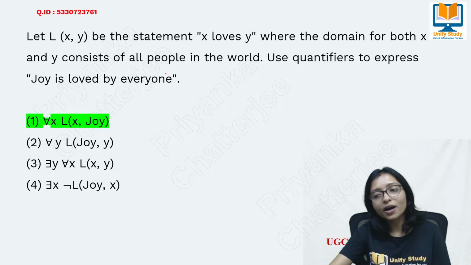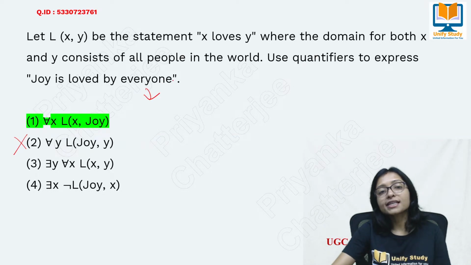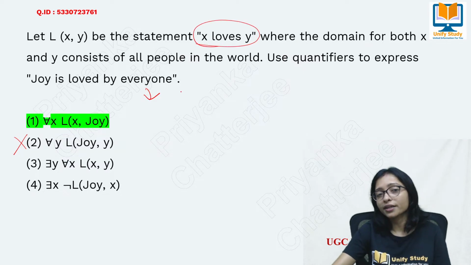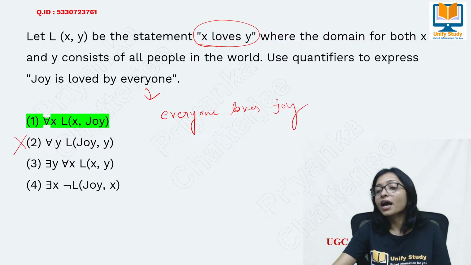Here most of you are making a mistake. This is not this one. Joy is loved by everyone. I have to do x loves y, which means everyone loves joy. This is the way I need to represent it.